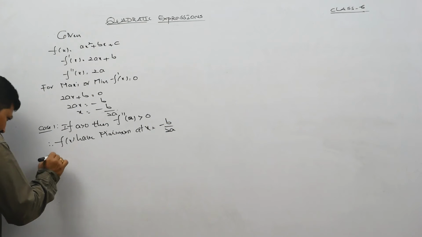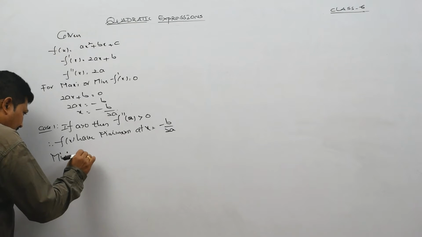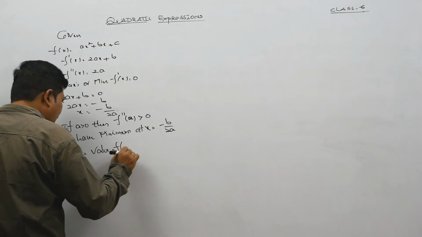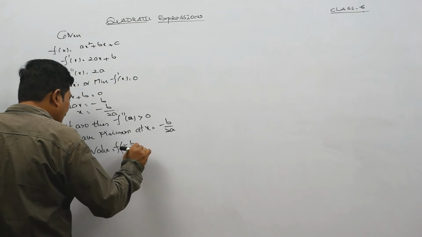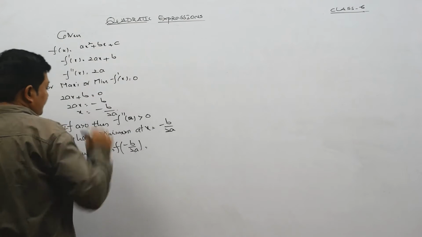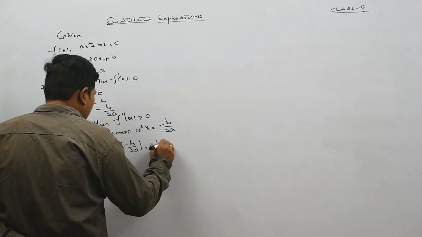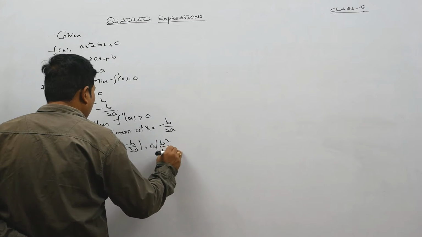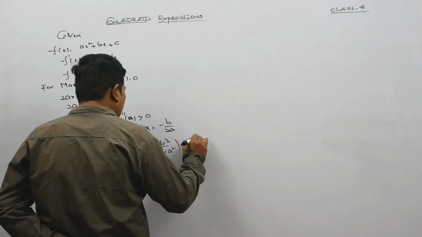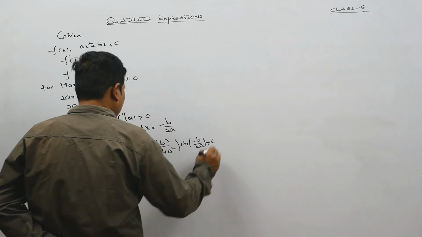Now the minimum value is equal to f of minus b by 2a. So substitute minus b by 2a here. So a into minus b by 2a whole square, that is b square by 4a square, plus b into minus b by 2a, plus c.